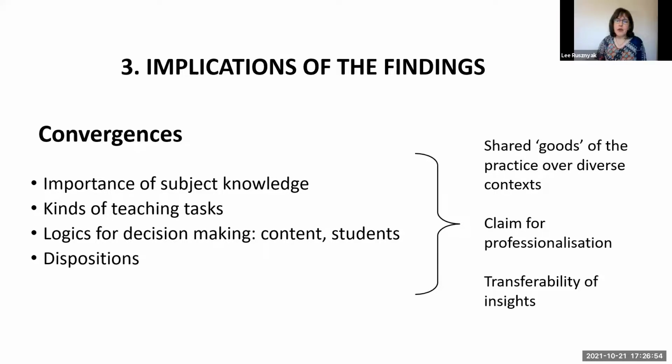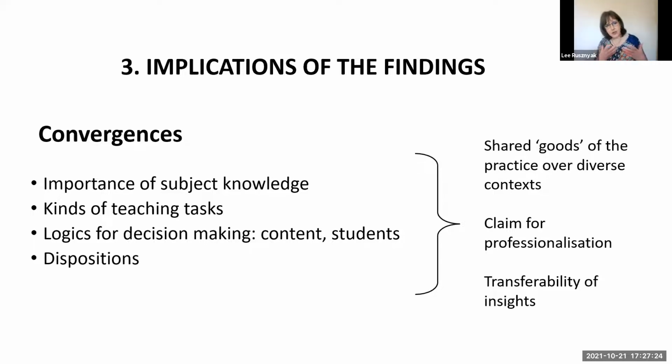So we've showed you that there are huge convergences over all the rubrics, and they all acknowledge the importance of subject matter. They all look at the kinds of teaching tasks. They give some indication of the logics for decision making based on content, context, students, and they all give similar dispositions a lot of the time.